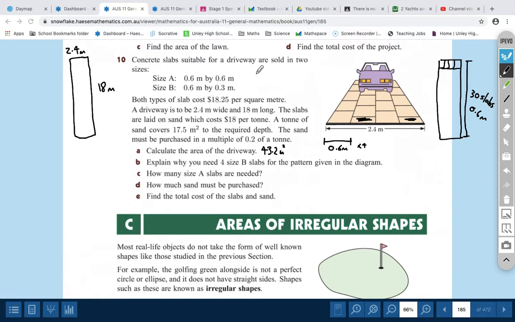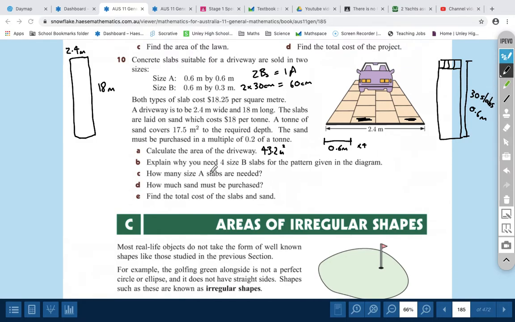So 2 B's equals 1 A, because these are 30 centimetres. You'd need two of them to get the 60 centimetres. But it all works out really nicely if the length's 18 metres. You don't have to cut slabs up or anything like that. So that's what's happening with our driveway.